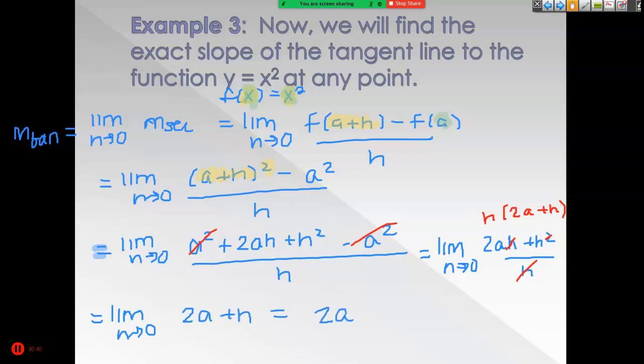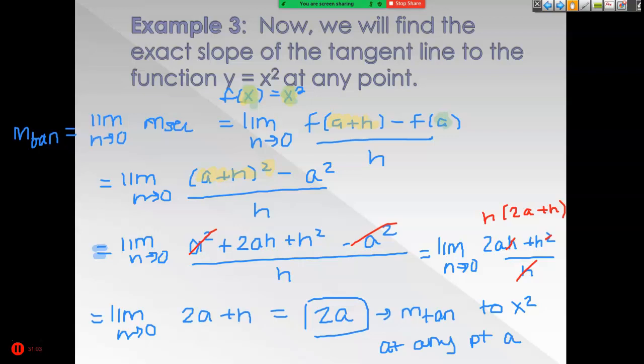Plug in 0. And the slope of the tangent line to the function y equals x squared at any point is 2a. So again, this represents the slope of the tangent to x squared at any point a.